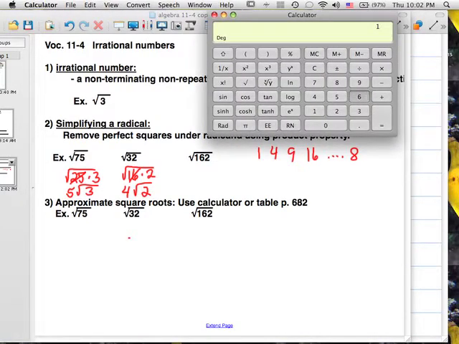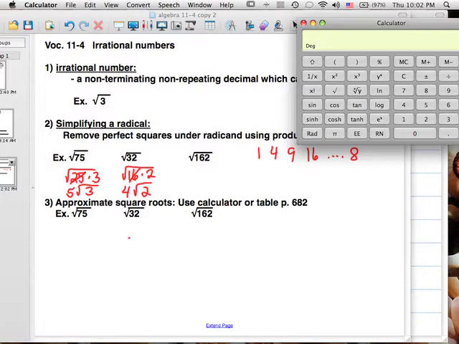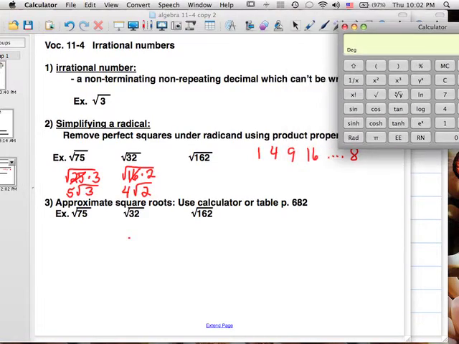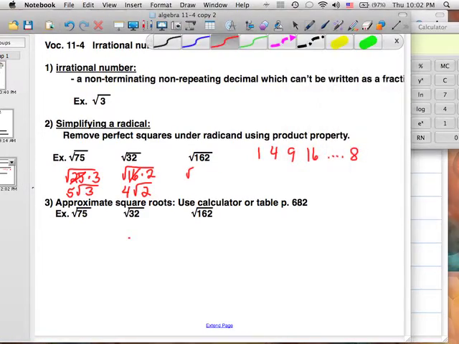So 162 divided by 2 equals 81. So we have 81 in there. So we break it up into the square root of 81 times 2, and the square root of 81 is 9, so we have 9 radical 2. So that's simplifying a radical.